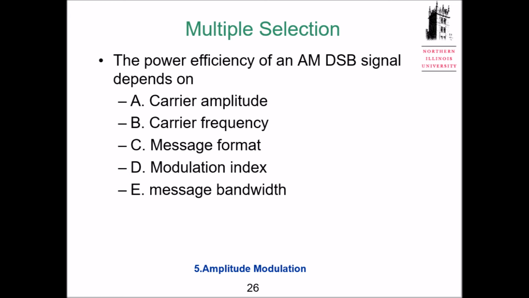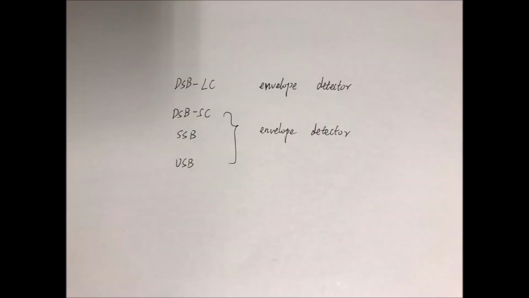Right now I don't have the table with me. So for double sideband large carrier, we can use an envelope detector. For all the others, double sideband suppressed carrier and single sideband, we all use a coherent detector, also called a synchronized detector, the same thing.